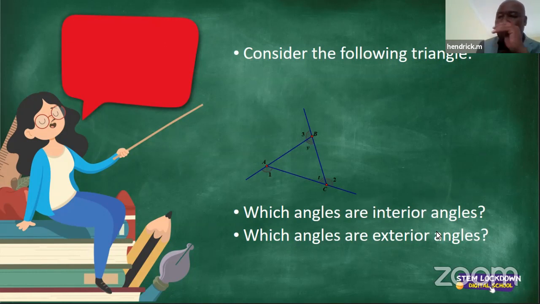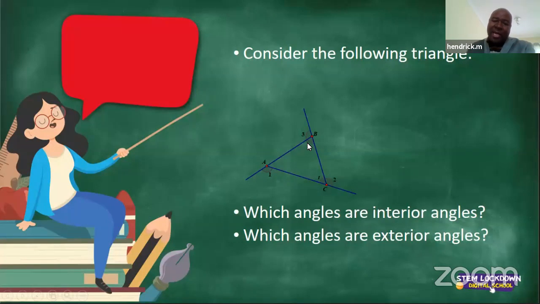Now we are talking here about the interior angles of a triangle as well as the exterior angles. So if you can check, all the interior angles will be Y, which is inside the triangle. I hope that you can see the cursor here.